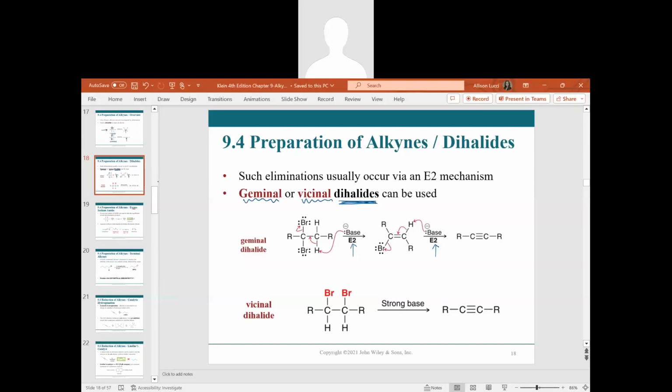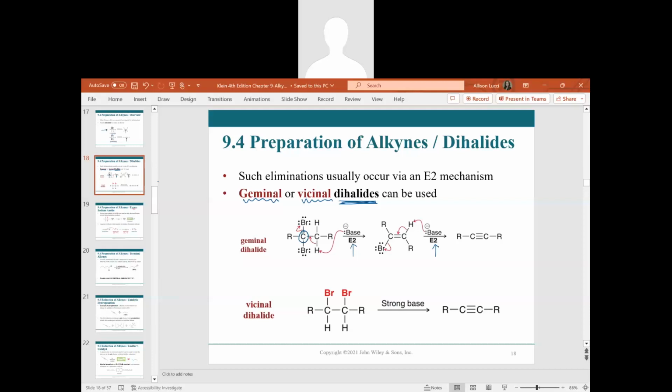The difference between these is the orientation of the halogens: on the same carbon or on two carbons that are next to one another. For the geminal dihalide, I like to remember this because of Gemini being the twins. So this carbon here has twin halogens, right? Two of the same thing, two groups on it.